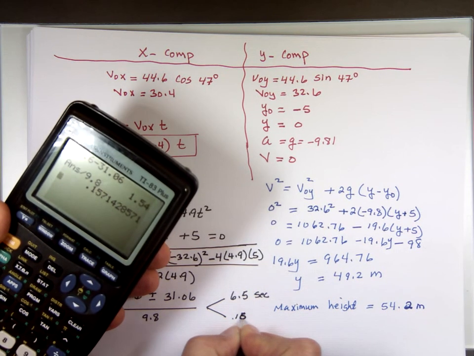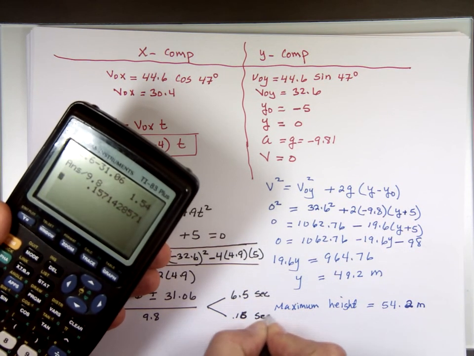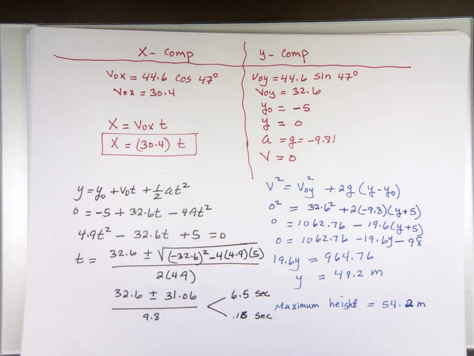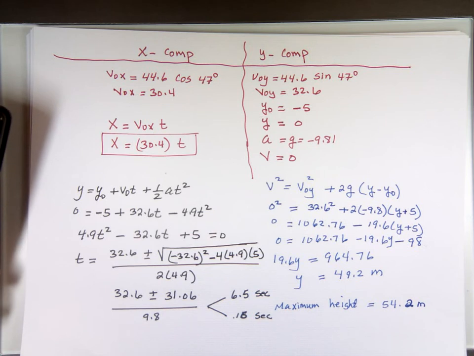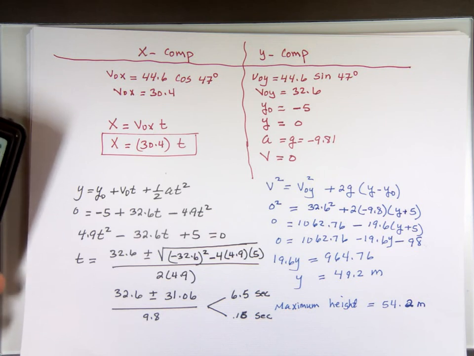For the first one, I got 6.59, so wouldn't that be 6.6? I got 6.49. Oh, I know what I did wrong. Never mind. I did 32.06. Yeah, that's right.